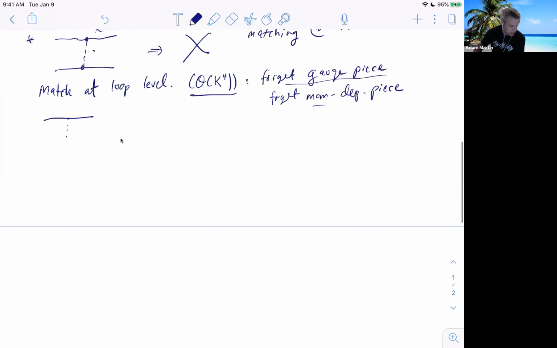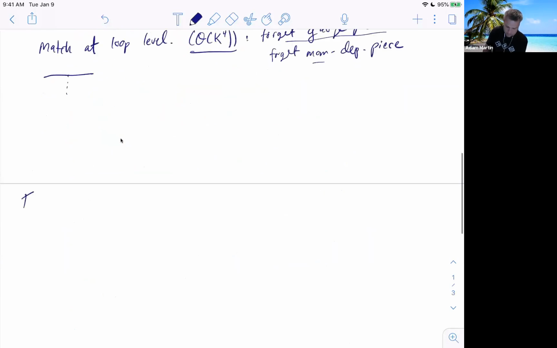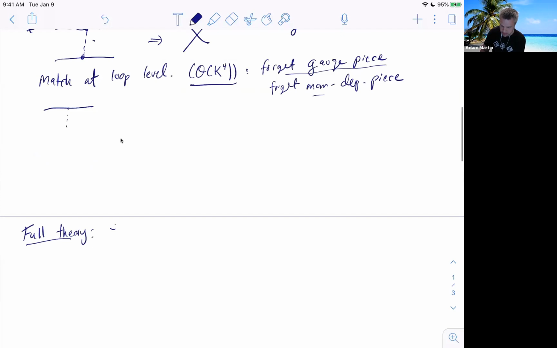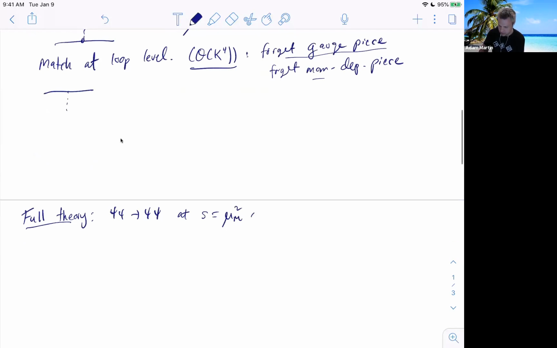So full theory. I now want to match psi, right? We're matching a process, and it's at some scale, which we're going to want to set to be around the mass of the heavy particle.